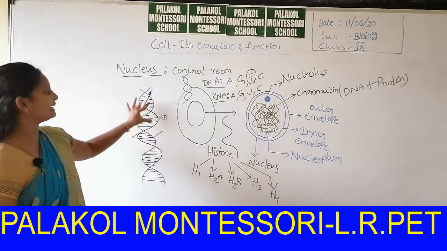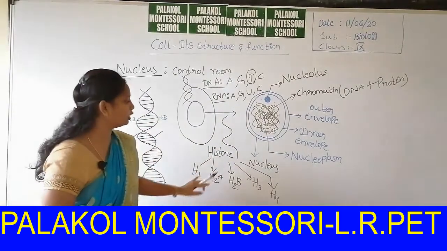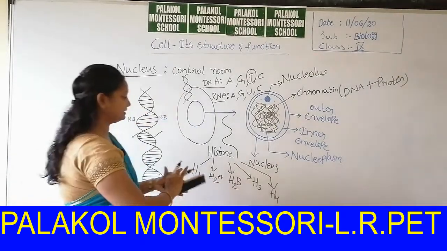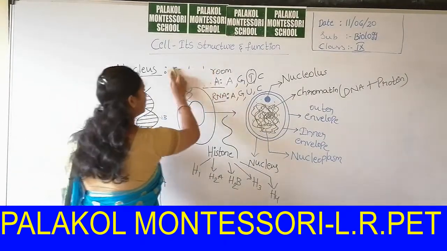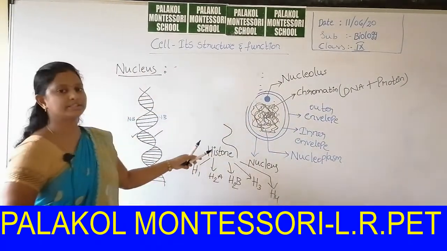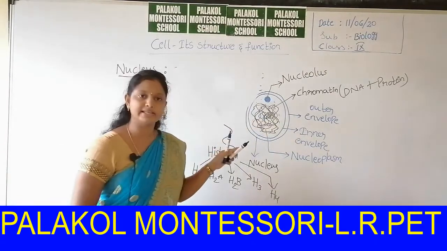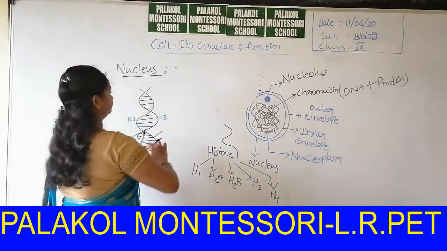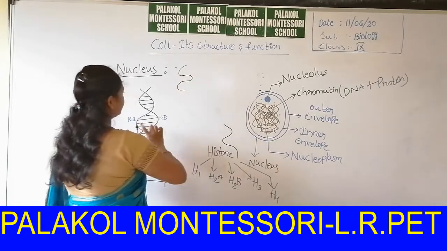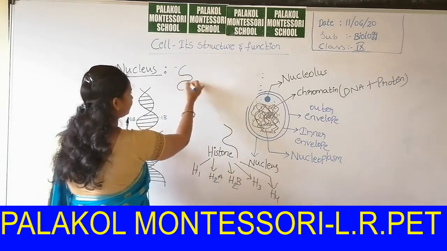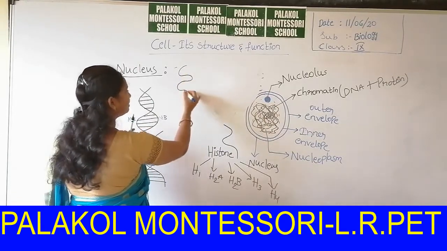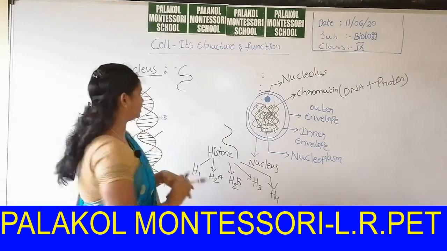These are nothing but the DNA structure. These are histone proteins. Okay. Now, what is the systematic arrangement of DNA and histone proteins inside the nucleus? This is DNA. Okay. These are two strands of DNA represented here, but it appears like a single strand because it is a fine structure.